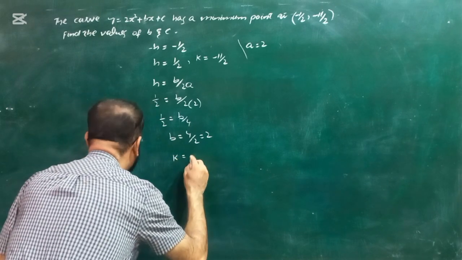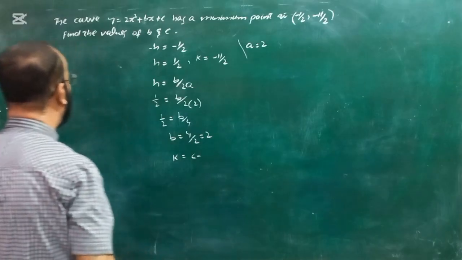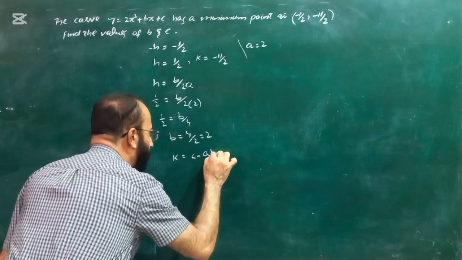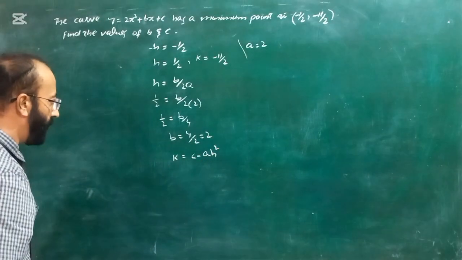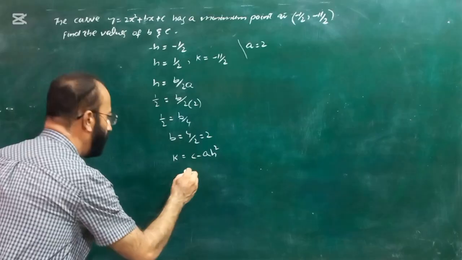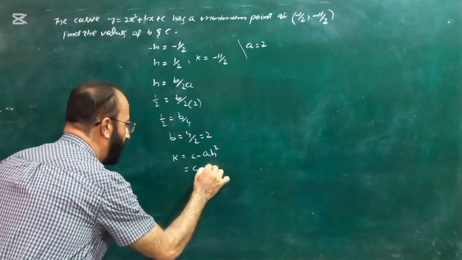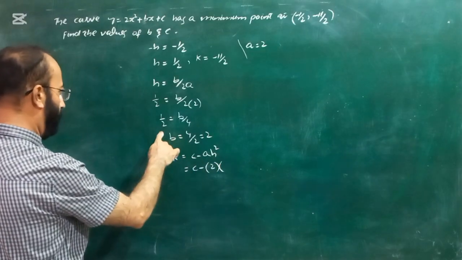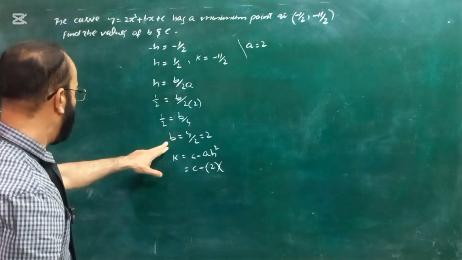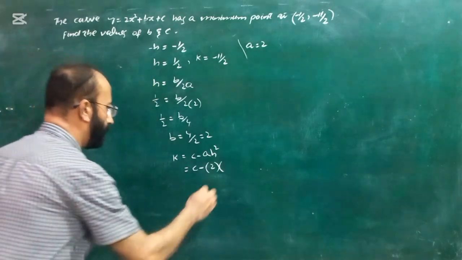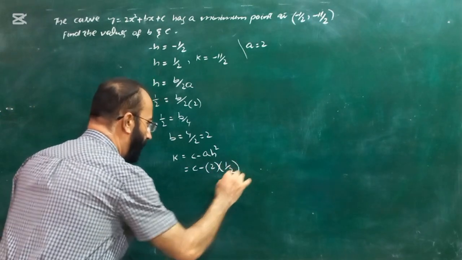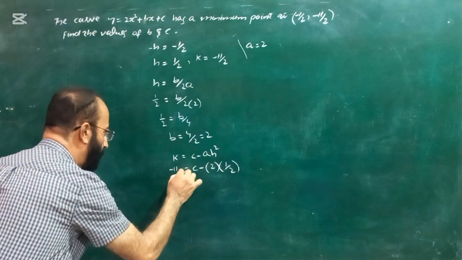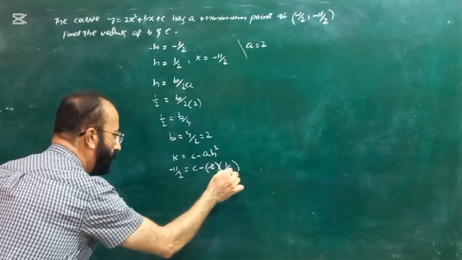And k will be equal to c minus ah square. So this is the formula for k, and now put the values into this one. So c minus a is 2, h is 1 by 2, and k is minus 11 by 2. So after putting values, just solve it now. So this 2 will be cancelled by this.